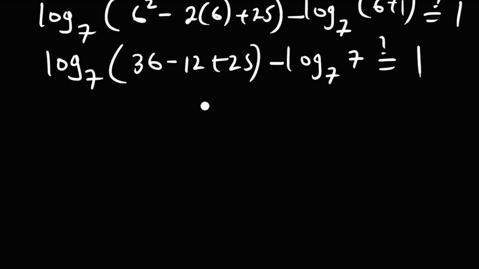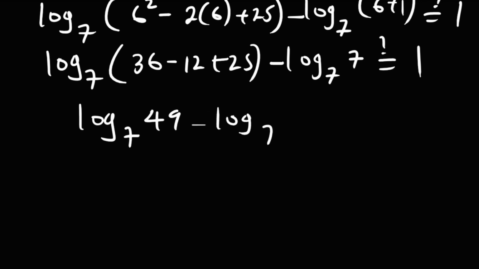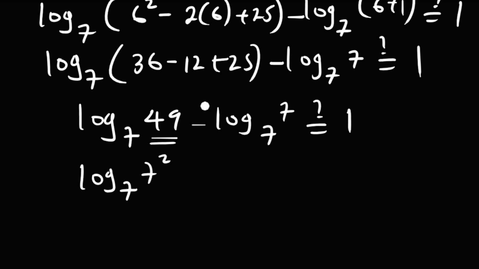If we simplify this further, 36 minus 12 plus 25 is the same as 49. So that is log to base 7 of 49 minus log to base 7 of 7, and we check if that is equal to 1. We can write 49 as 7 to the power 2, so we have log to base 7 of 7 squared minus log to base 7 of 7.